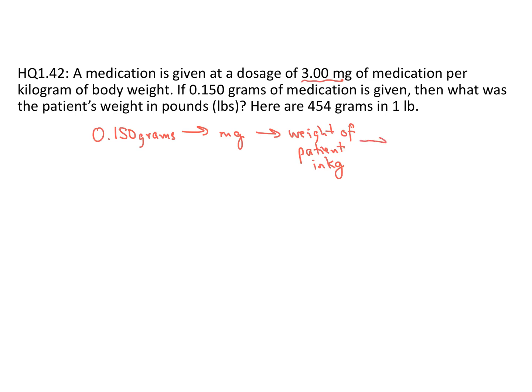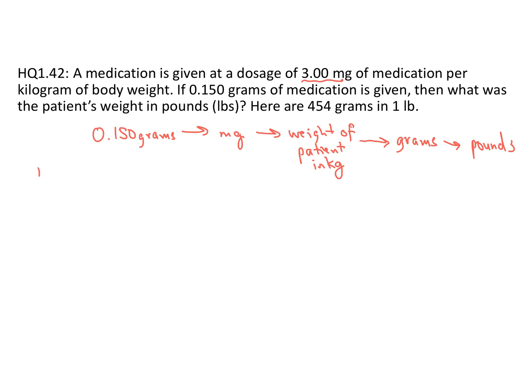And then now that I know kilograms, then I could convert that to grams. And then finally pounds that the patient weighs. So again, we're looking at 1, 2, 3, 4 separate steps.